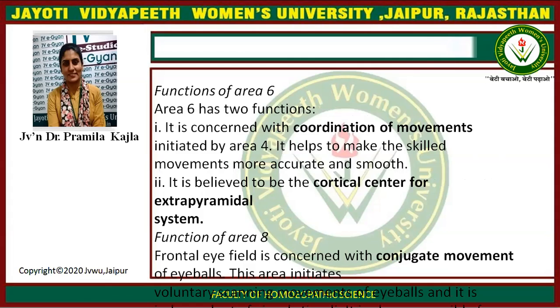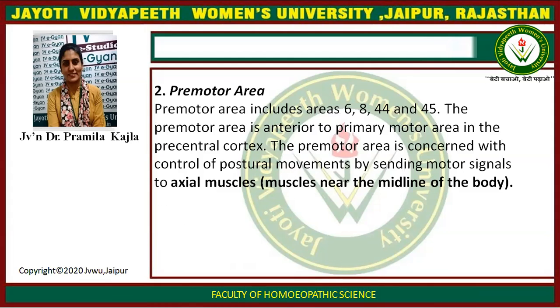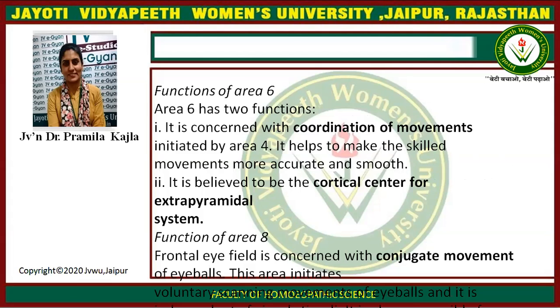So we will see now function of area 6, 8, 44 and 45 one by one. First, function of area 6. It has two functions. First, it is concerned with coordination of movement initiated by area 4. It helps to make the skilled movement more accurate and smooth. Second, it is believed to be cortical center for extrapyramidal system.